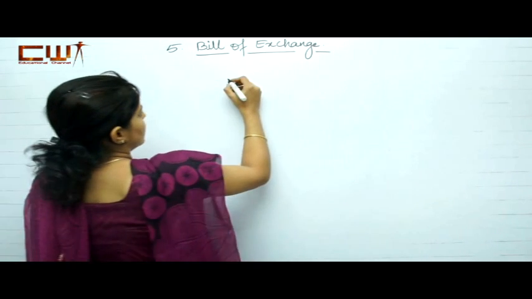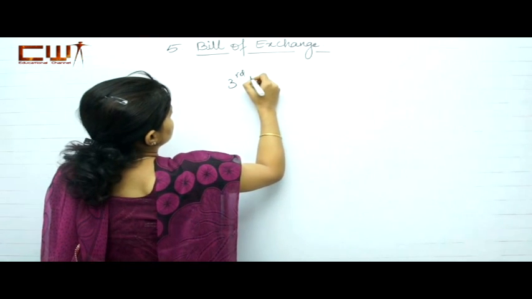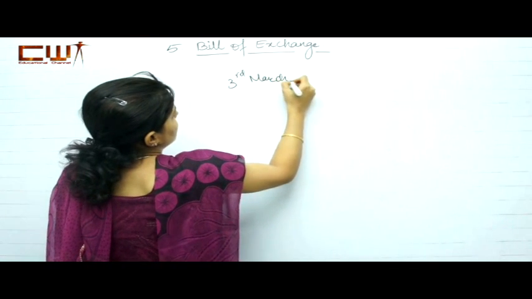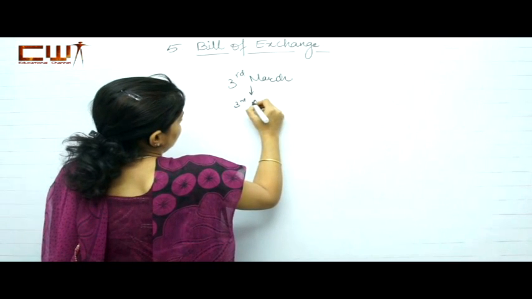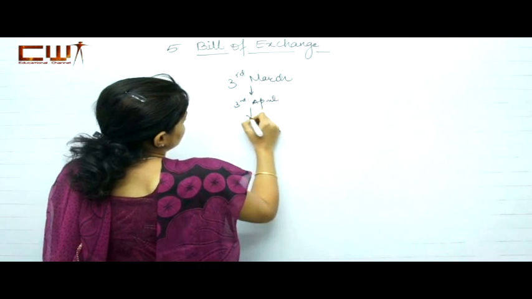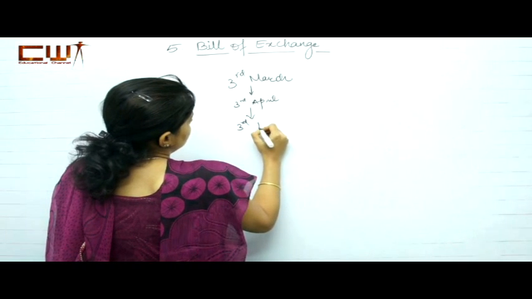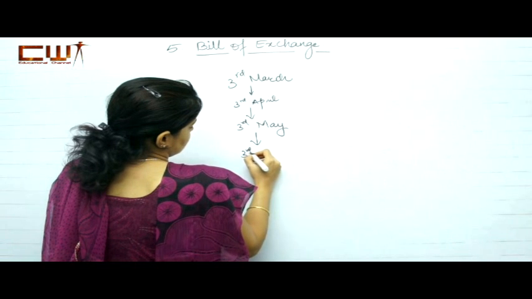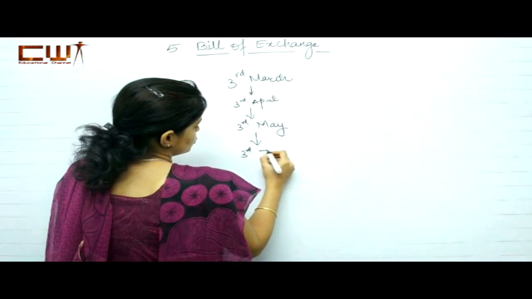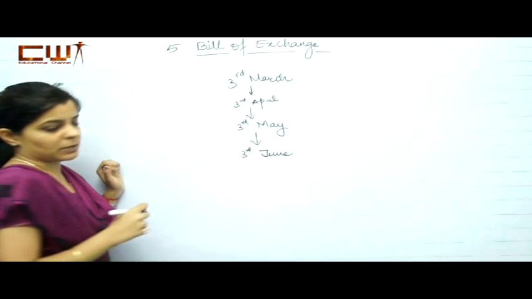See, they say 3rd March for 3 months, right? So 3rd March to 3rd April, 1 month. 3rd May, 2 months. 3rd June, 3 months.